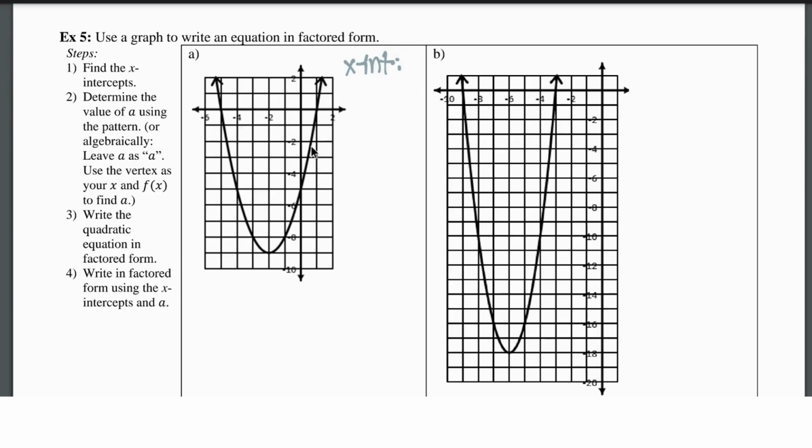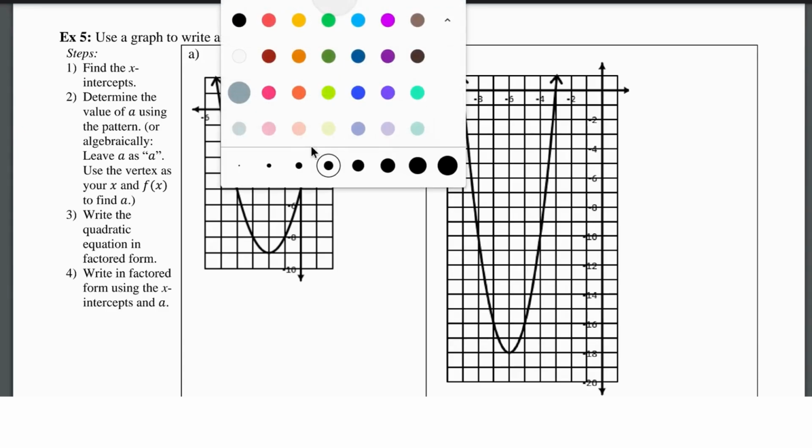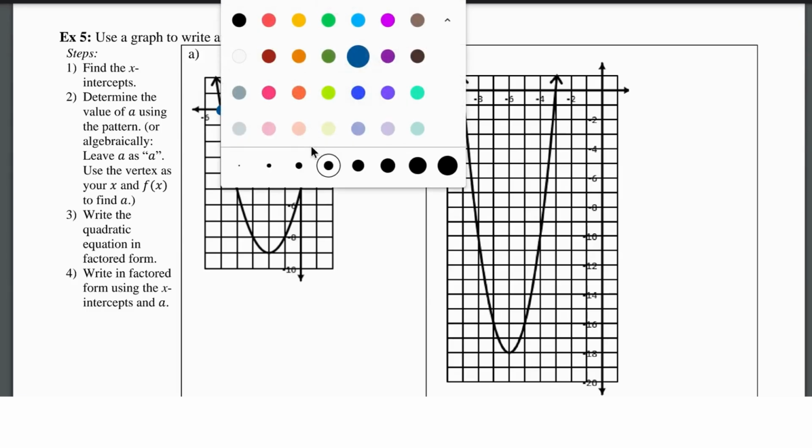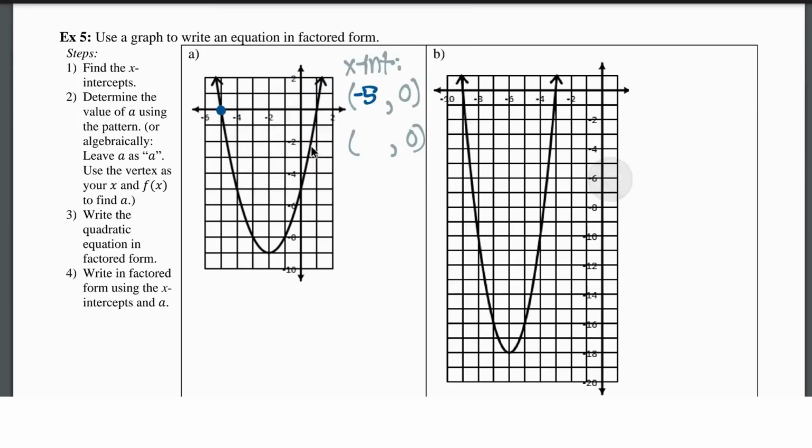I'm looking for when y is 0 on my graph. And I can see from this graph that I have an x-intercept at -5, and then also an x-intercept at +1.